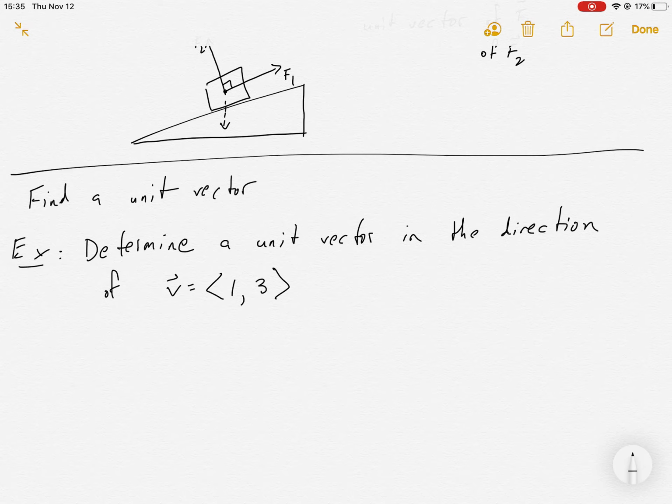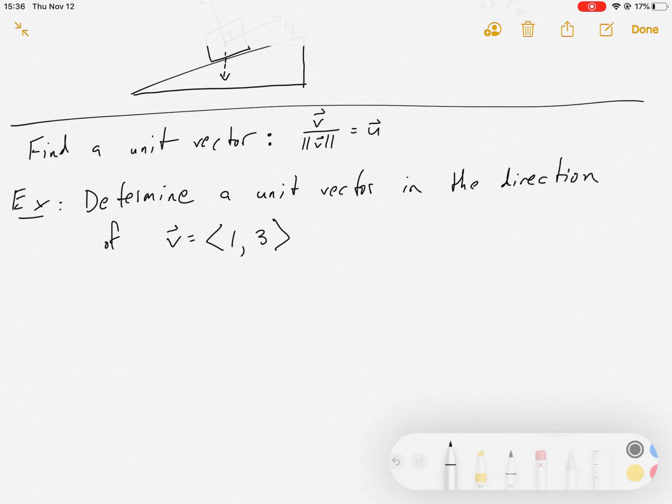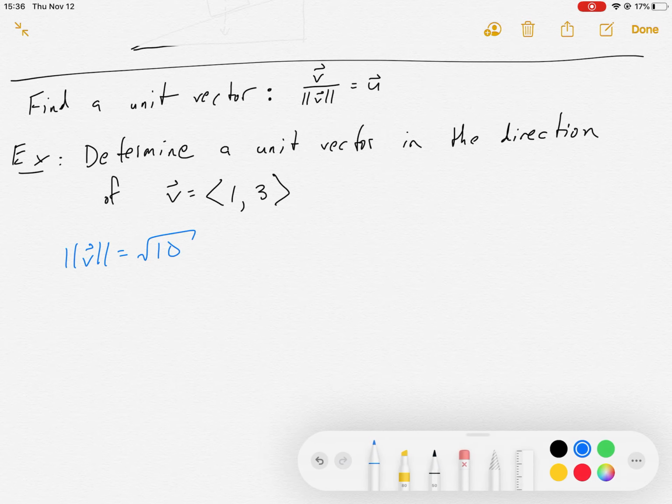And the way you do this is you just take your vector v, whatever it is, and you divide it by its magnitude. And this will automatically give you a new vector, which we could just call u maybe for unit vector. And u will have a magnitude of 1 based on this construction. So the first step is going to be to find the magnitude of v. We did this already. It's going to be the square root of 10.